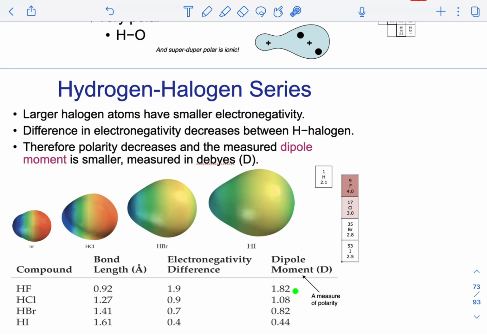For HF, there's a huge difference between hydrogen and fluorine. So the dipole moment is 1.82. And then as we get down to iodine, which is not that electronegative, the difference is not there. It's not very strong. The difference is only 0.4. So the dipole moment is not that big.